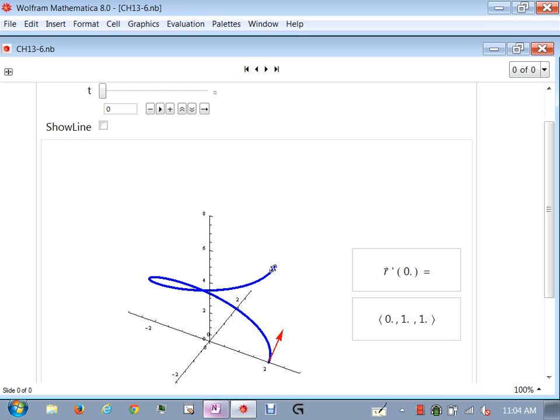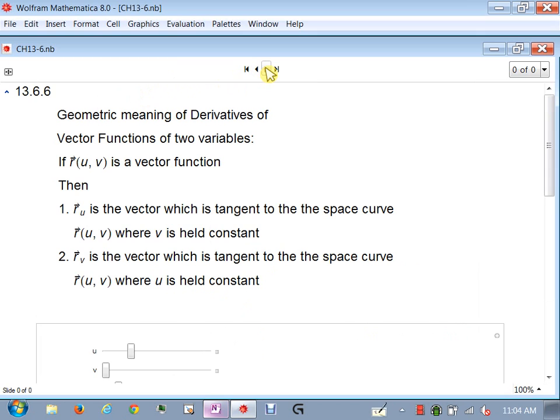That's our vector curve. And the derivative was a vector, the red vector, which gave us an instantaneous direction and magnitude at every point on the curve. That was what r prime of t represented, a vector. It was tangent to our curve, right? So that was the geometric meaning of the derivative of a vector curve.